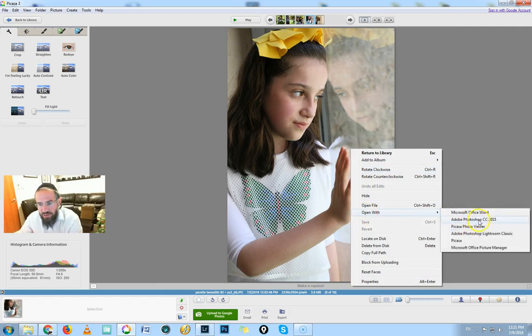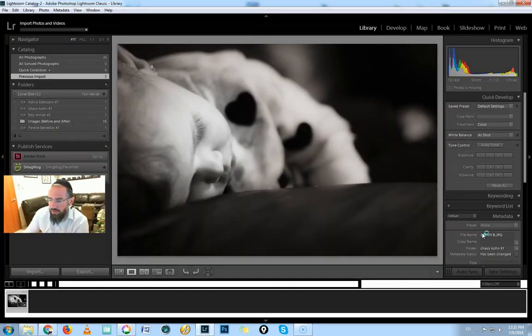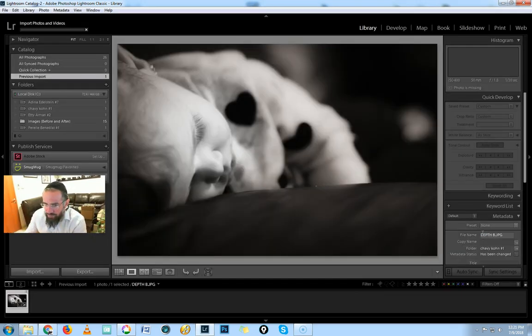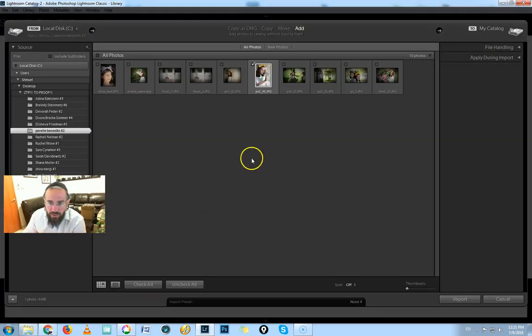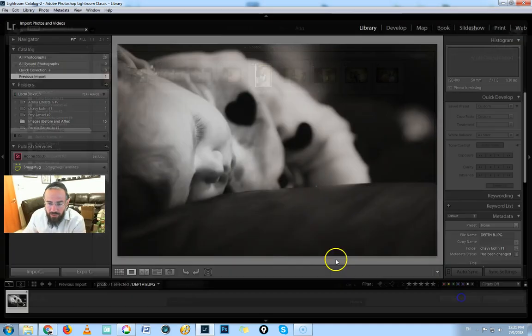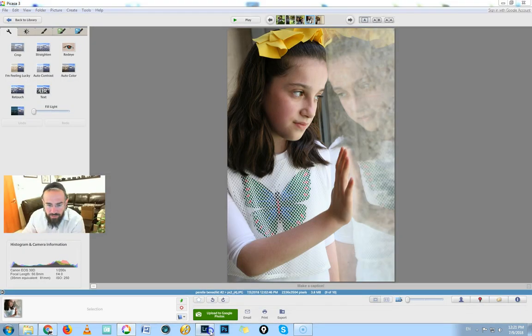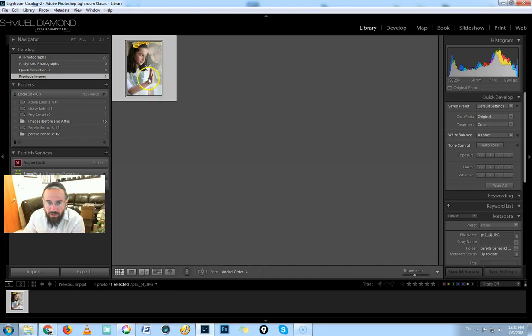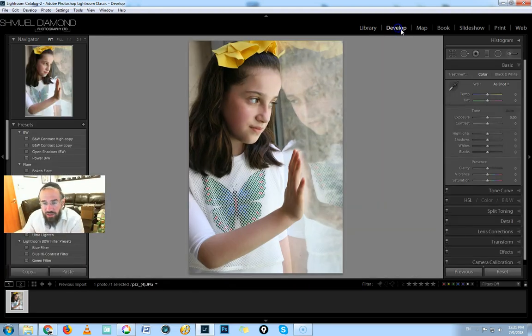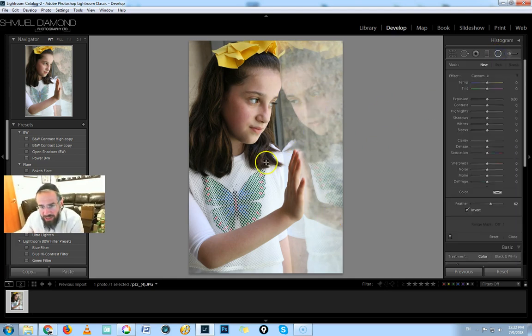Let's do that. There we go. So, now I really want to vignette. I want to bring our eyes into here and soften this area.